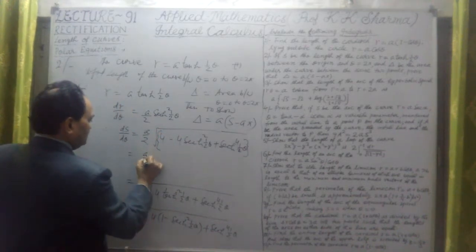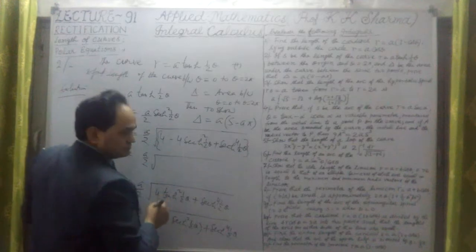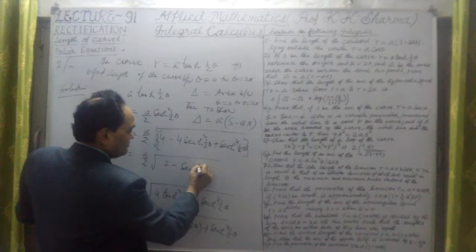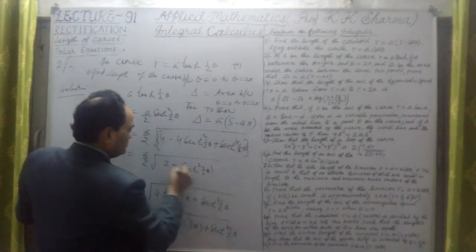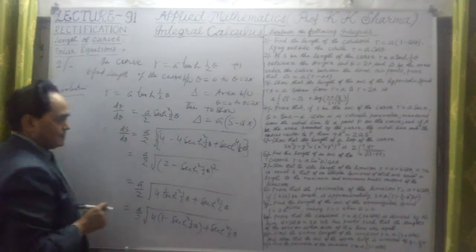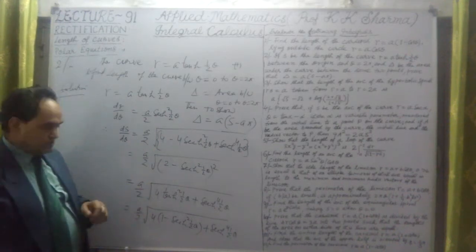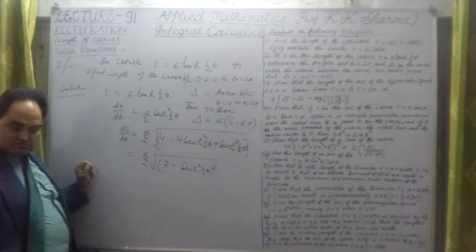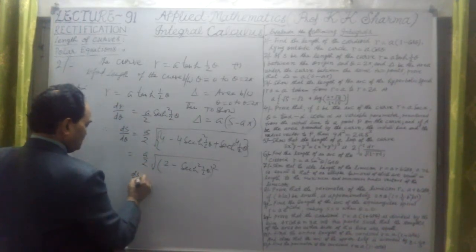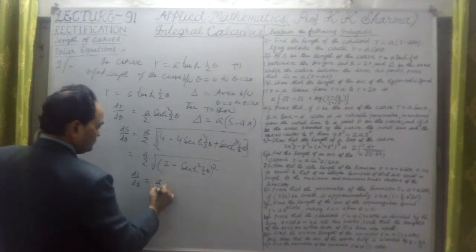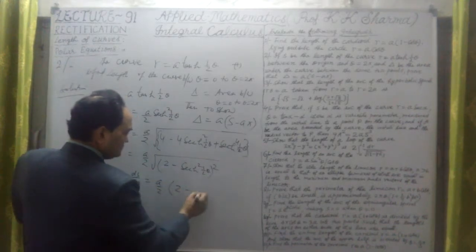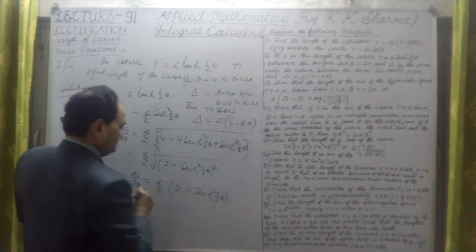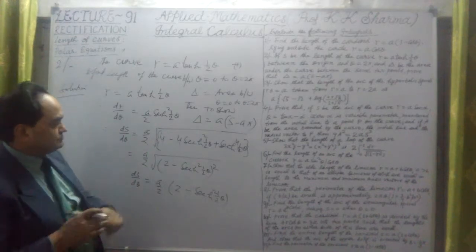What it will be, this is a upon 2 square root, this is nothing but 2 minus sech square 1.2 theta whole square. So this whole square and square root is cancelled out. What is this? ds upon d theta is equal to a upon 2 into 2 minus sech square 1.2 theta. This is the only value of ds d theta.